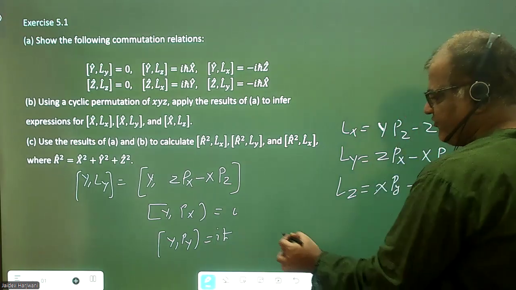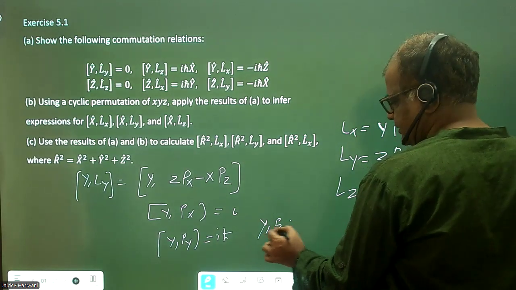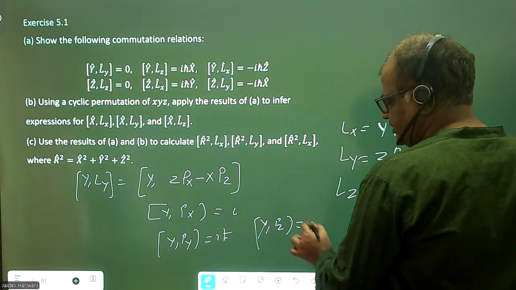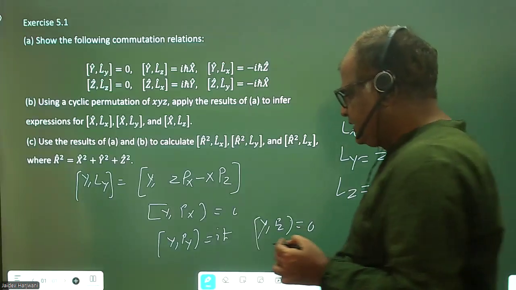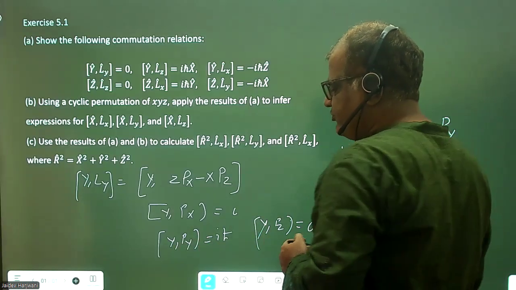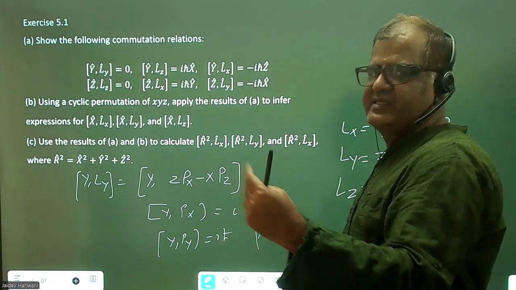And y, pz is 0, they commute. So only y does not commute with py. y commutes with z, y commutes with x.